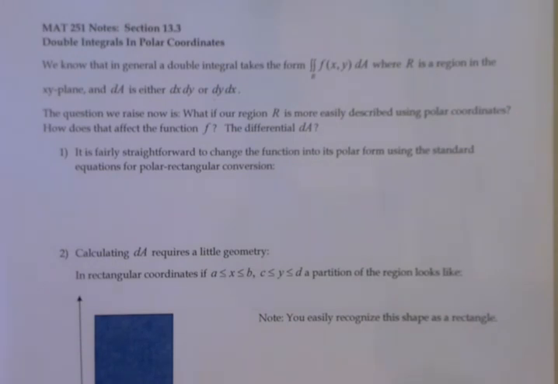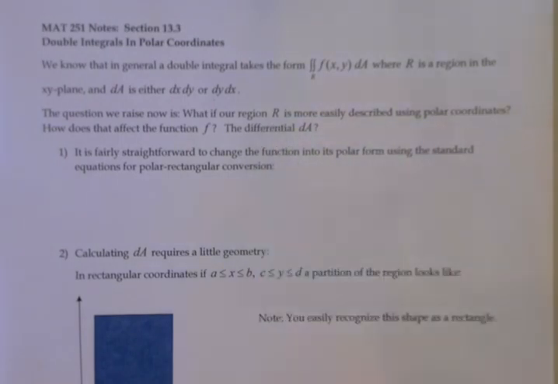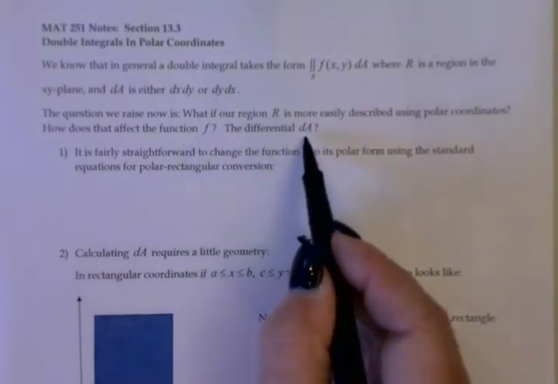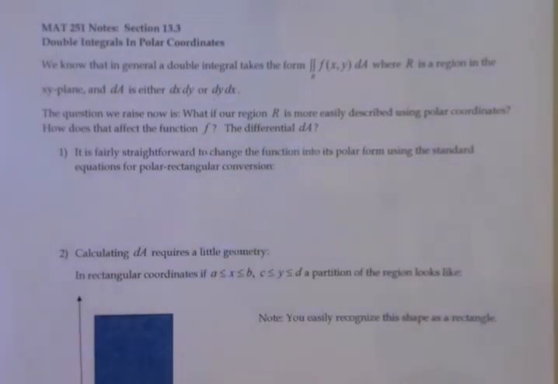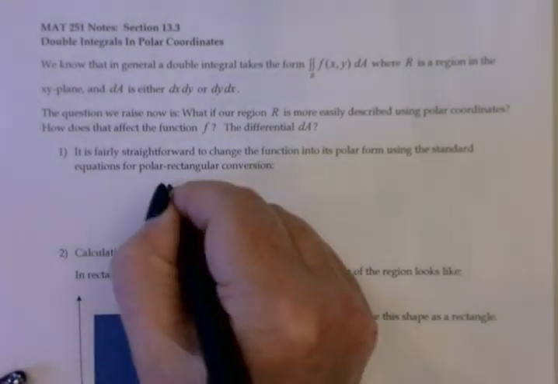We now ask this question: what if the region R is more easily described in polar coordinates? How does that affect f? And how does it affect dA? Changing the function f into its polar form is fairly straightforward. You may remember from using polar coordinates in the past, we certainly used them earlier this semester as well as in Calc 2, that you've got some equations to convert back and forth.